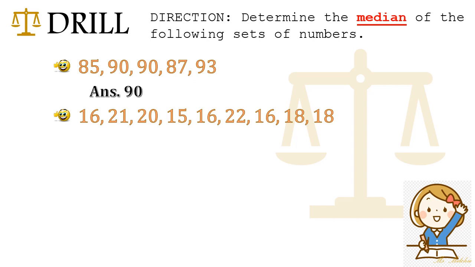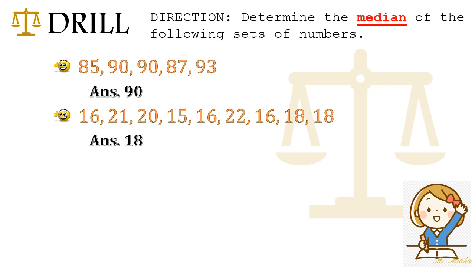So 9 plus 1 is 10, and 10 divided by 2 is 5. That means you arrange it first in either ascending or descending order, and you count which value is fifth in the rank or position. So my answer here is 18.